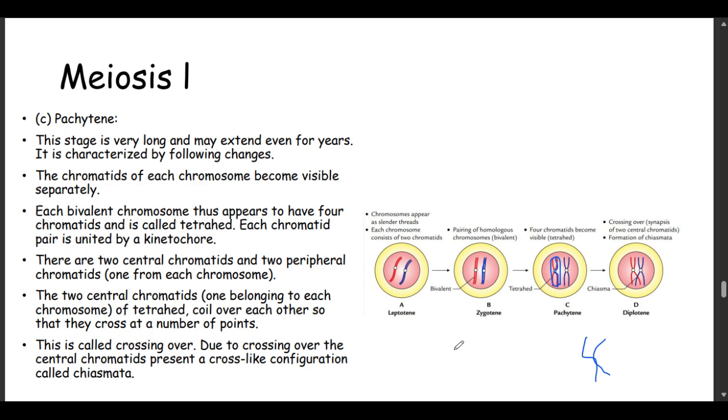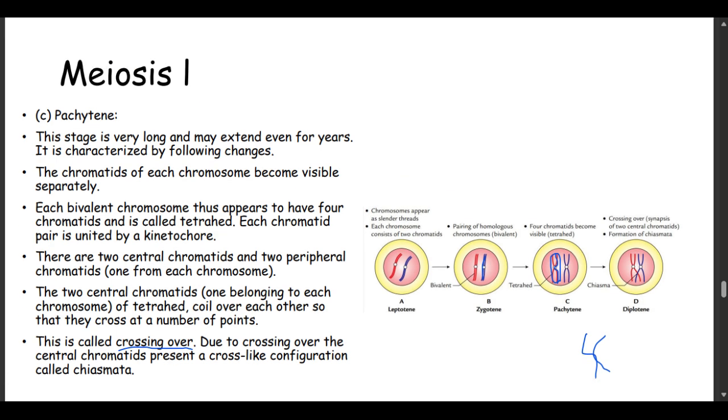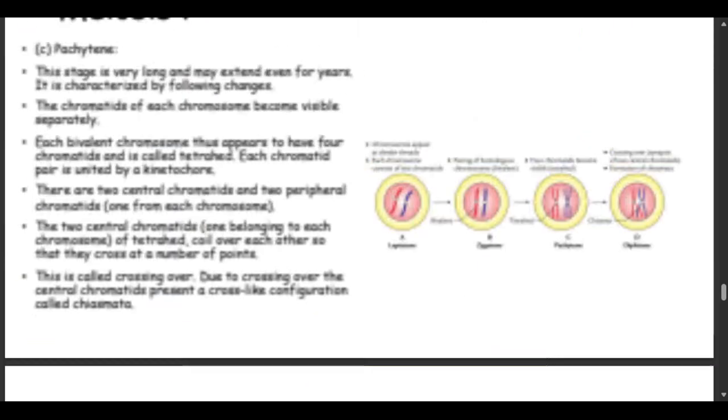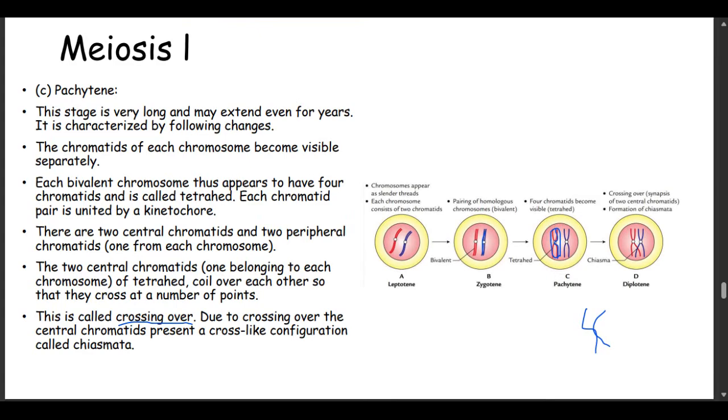So at this point in the pachytene stage, this can be a take home message for pachytene: there is what is known as crossing over that happens in the pachytene stage. Crossing over is where there is exchange of DNA material between two chromatids, so that we have genetic variability.